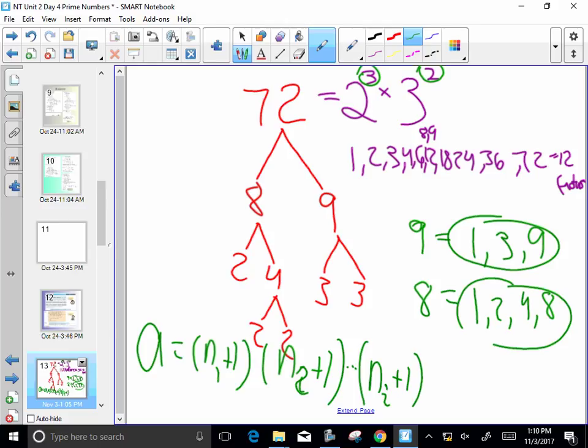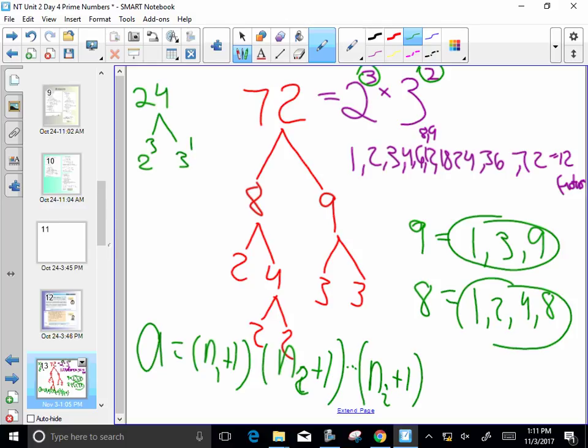Let's check this out real quick. What are the factors of 24? See if you can figure out how many factors there are in 24 as fast as you can. Break this down into primes. This is 2 to the third times what? 3 to the first.